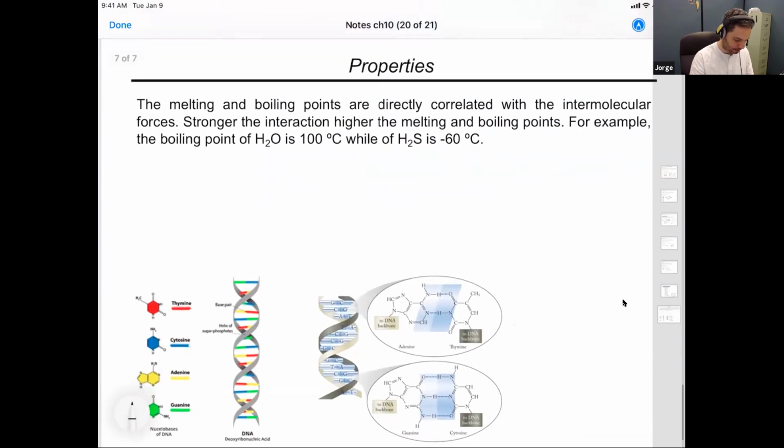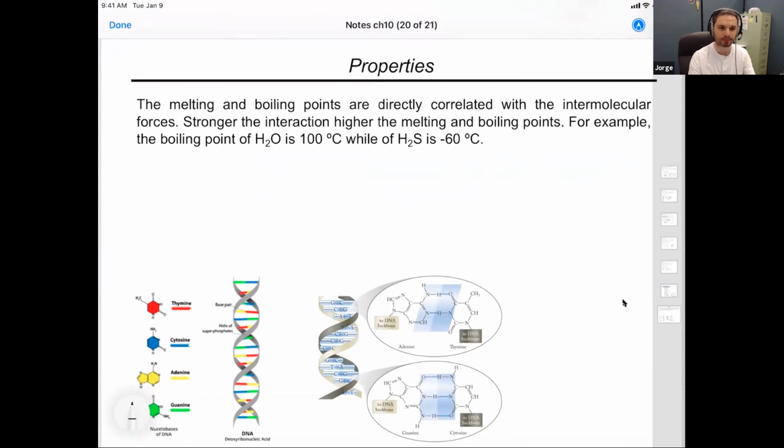All right. As I told you, we can use the intermolecular interactions to explain, for example, melting and boiling points. The melting and boiling points are directly correlated with the intermolecular forces. The stronger the interaction, the higher the melting and boiling points.